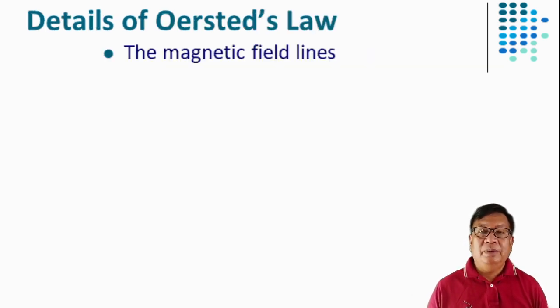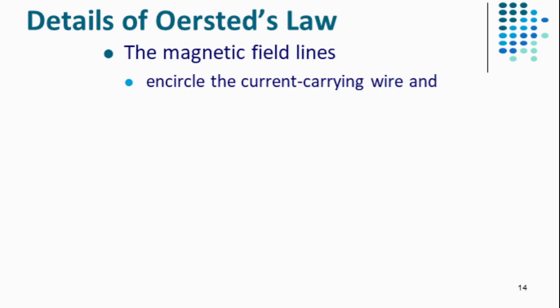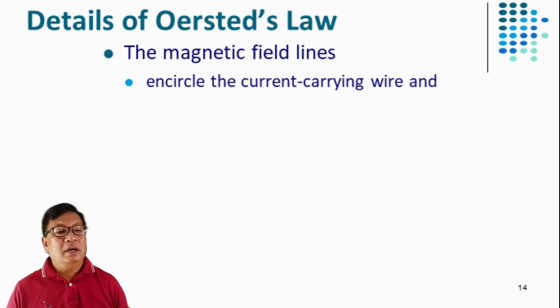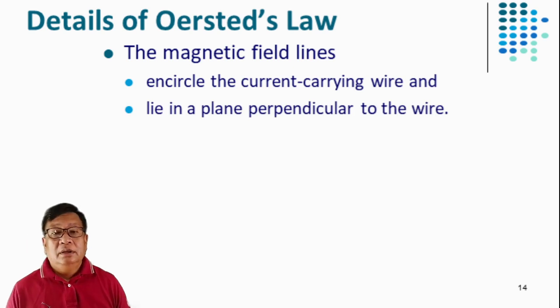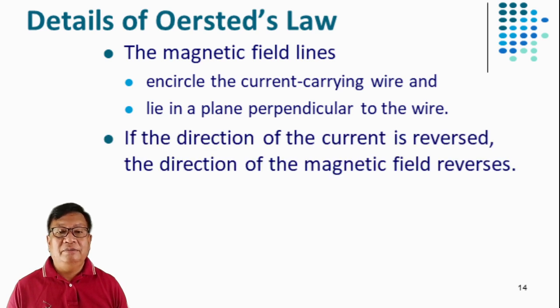Meron po ibang mga detalye dito sa Ørsted's law. Magnetic field lines encircle the current carrying wire, and lie in a plane perpendicular to the wire. So yun po ang magnetic field lines.